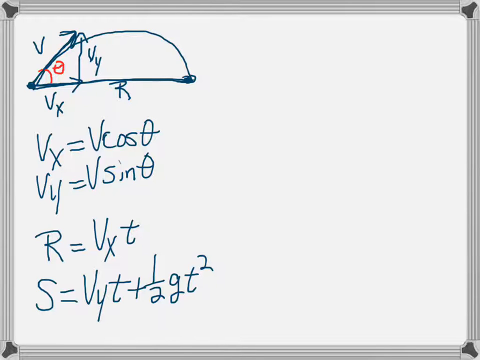The first equation, the range equation, if we solve that for time, is time equals range over Vx, which is v cosine of theta. Now to do the other equation, there's a couple things we can do. For s, we put the vertical displacement. Well, we're starting here and we're ending here, so the vertical displacement is 0, which makes that really nice.